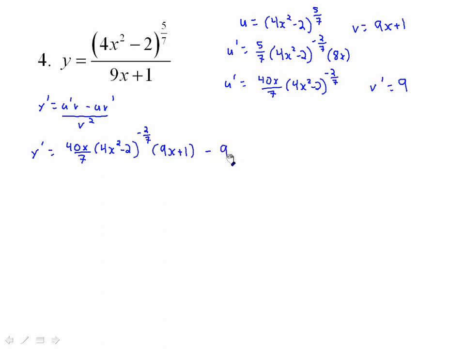Well, v prime is 9. I'll put this in front. And then u would be 4x squared minus 2 to the 5 over 7 all over v squared. And v squared is 9x plus 1 to the 2.